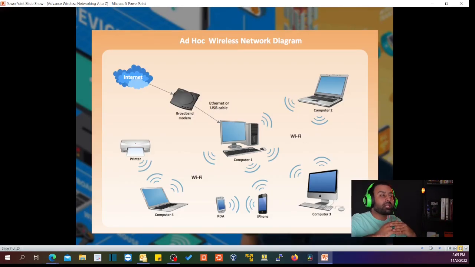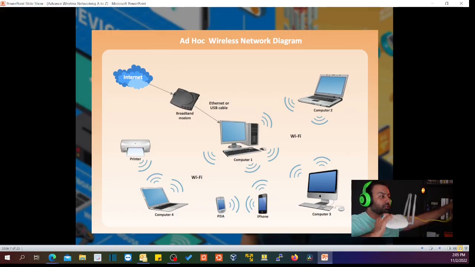Ad hoc wireless network diagram. I need your attention in here. See how we design our network. This is when all devices are connected to one another. For example, my laptop is connected to the wireless, and meanwhile my phone is connected to the wireless. Now if I look at my wireless access point, the one connected to my computer and my phone, that counts as one Ethernet cable.